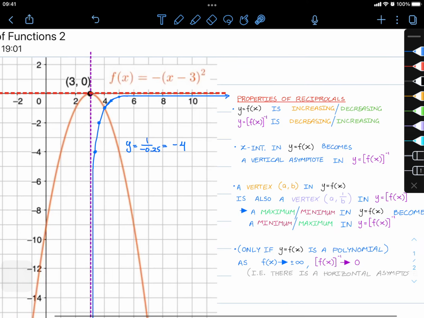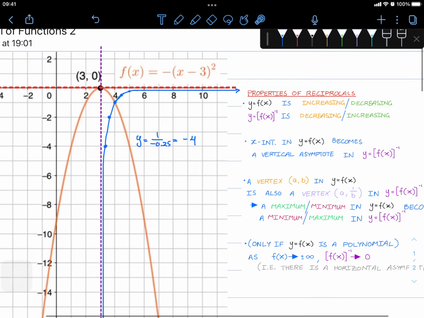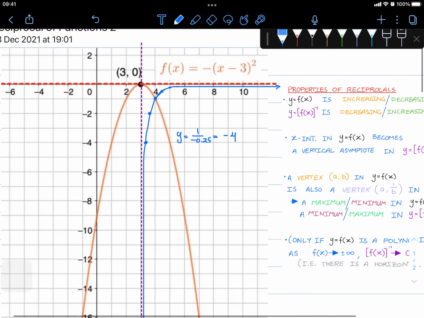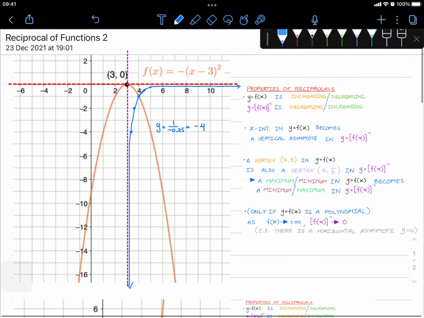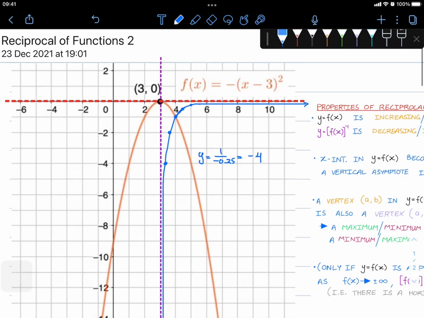Now, because this is a parabola, and we know that it is symmetrical around the vertex, this is actually going to look identical on the right hand side as well. So it should look near identical on the other side.